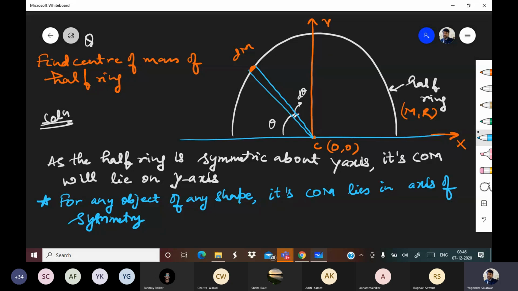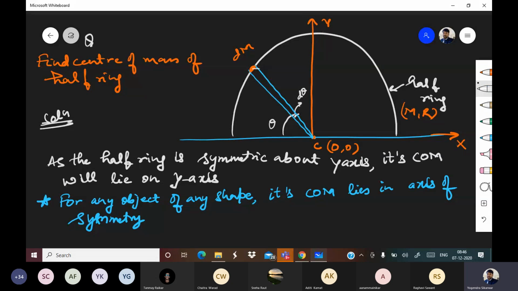As this half ring is symmetric about the y-axis, its center of mass will lie on the y-axis. So basically what we need to find in this question is only the y coordinate of the center of mass. That's the purpose of writing this statement. If we are only able to find ycm, our task will be done. Now listen carefully.